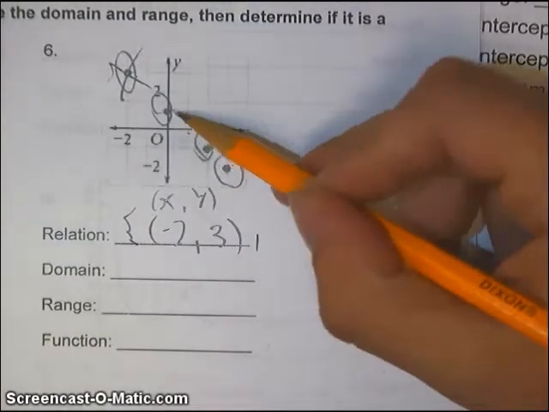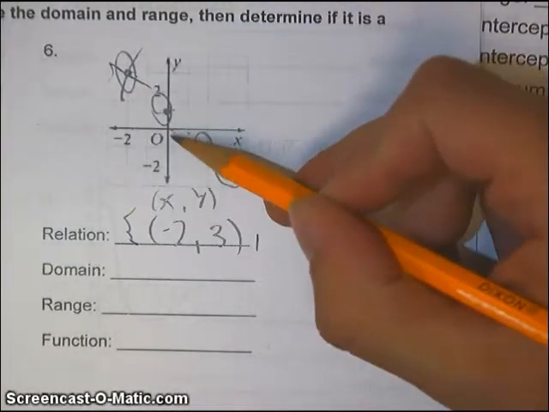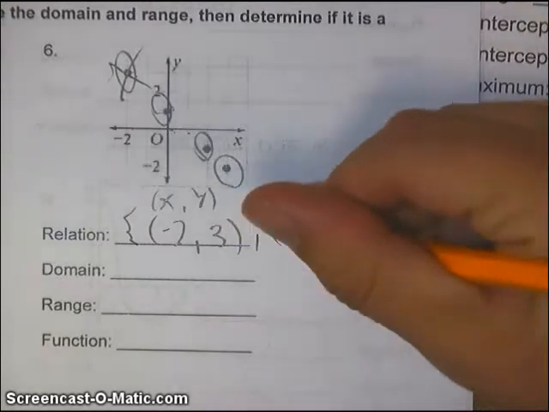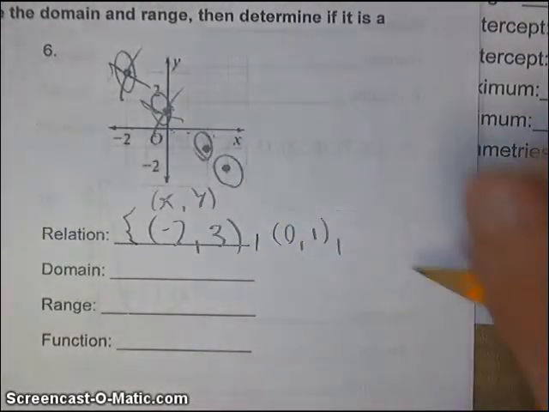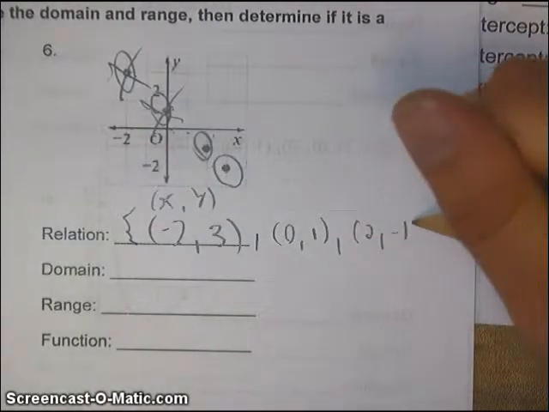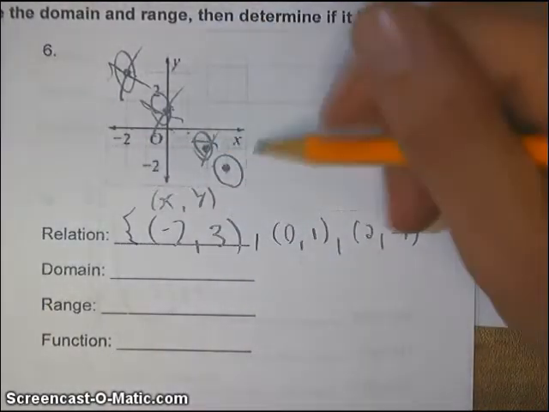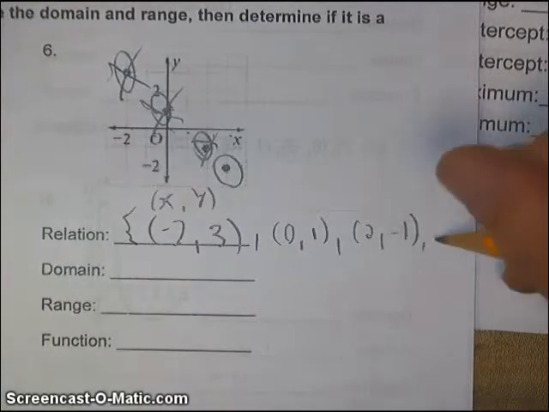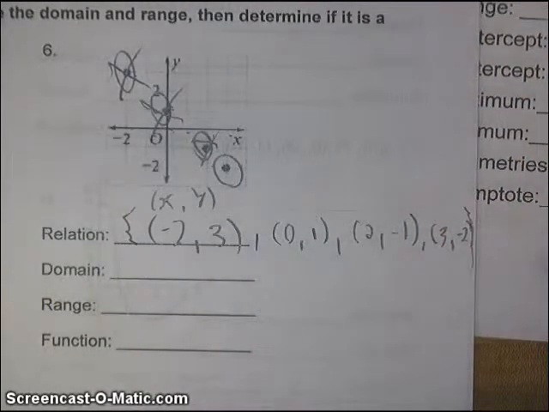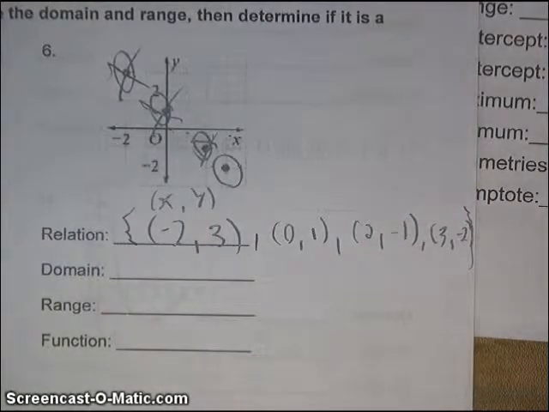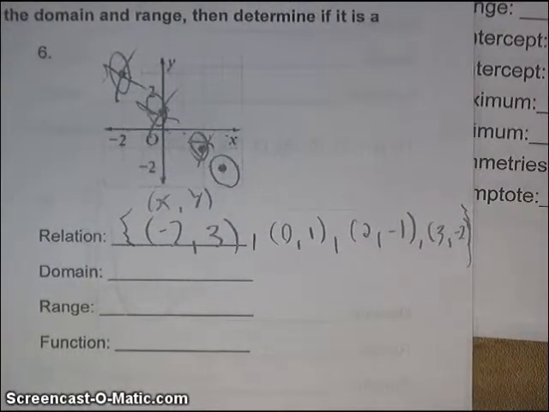The next one is, we don't move over at all, it's just at the origin, and then up 1. So that would be 0, 1. Then it's over 2, down 1. 2, -1. Then it's over 3, down 2. And then those brackets there, I ran out of space, but it should be those weird looking bracket things.